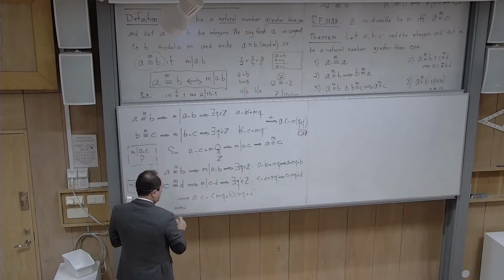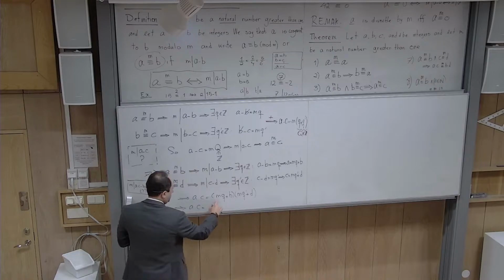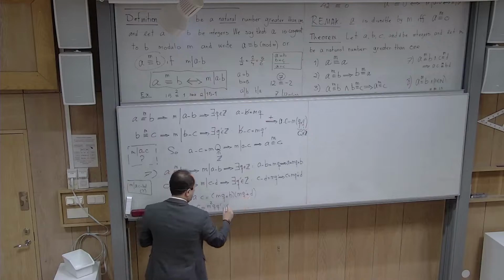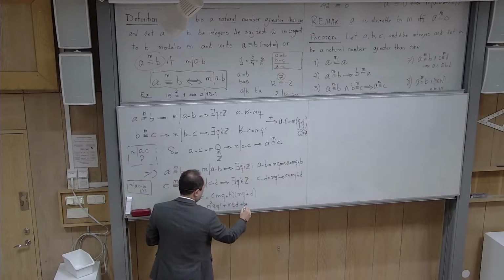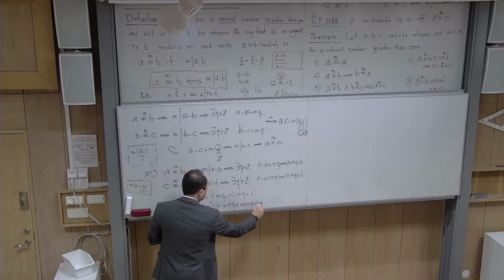So a times c is equal to, m times m becomes m squared, and then I have q q prime. Then I have m q times d, and then I have b m q prime. And then I have b times d.